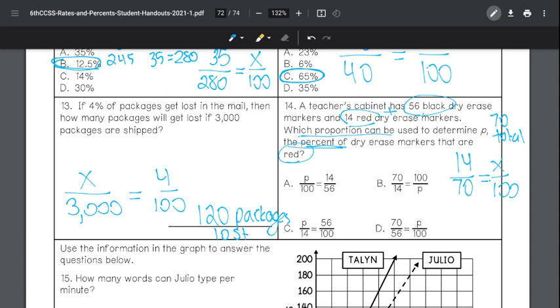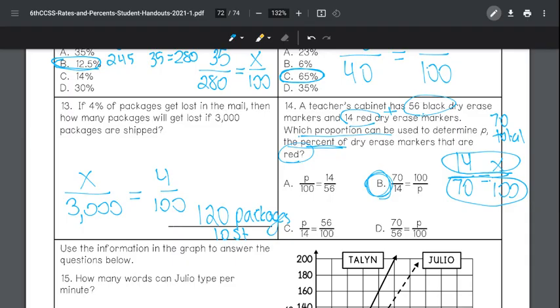If you check out all your options, you actually don't see one that looks exactly like mine, but there is one that is correct. I need to find the one that has 14 and X in the same row and 70 and 100 in the same row. And the answer is B.